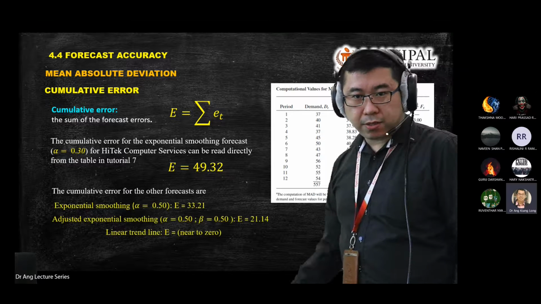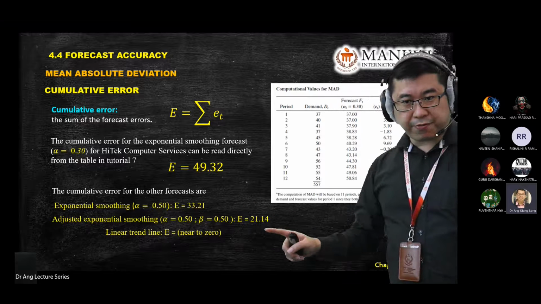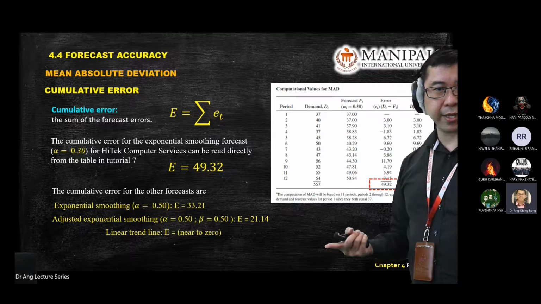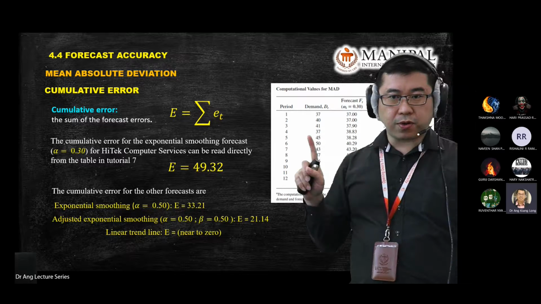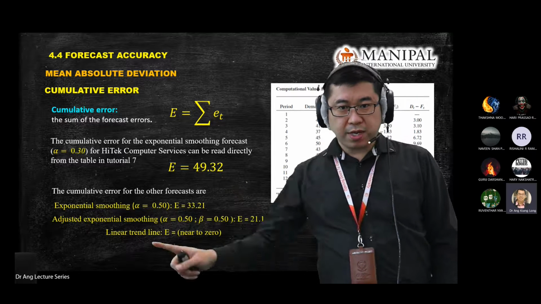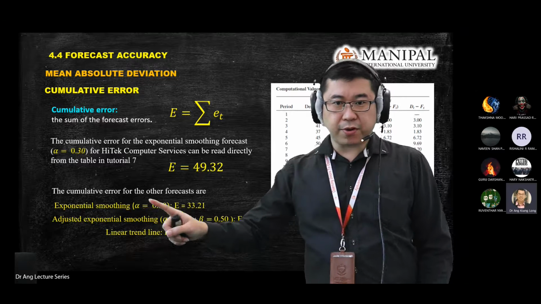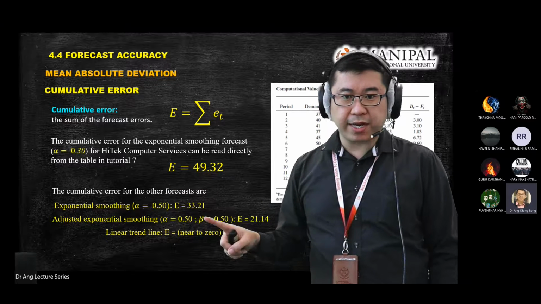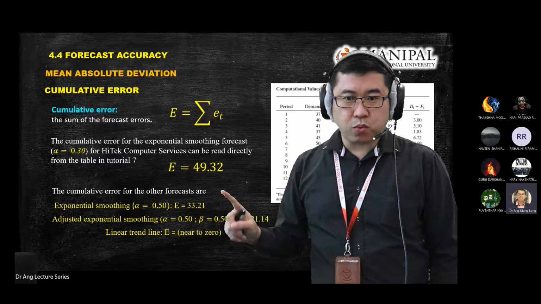Then for the rest, I give you a reference number for other methods also. So for alpha 0.3, you get 49.32. If you do the same calculation for alpha 0.5, you get 33.21.